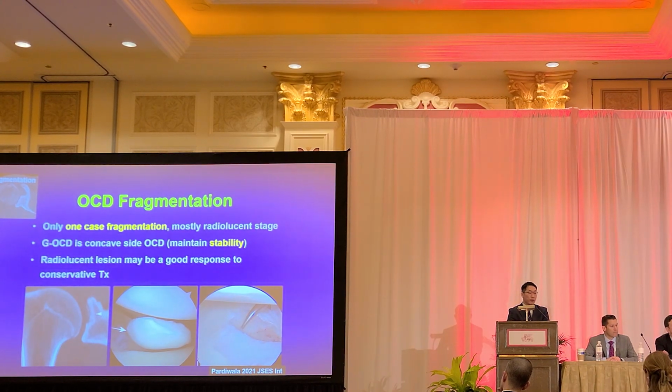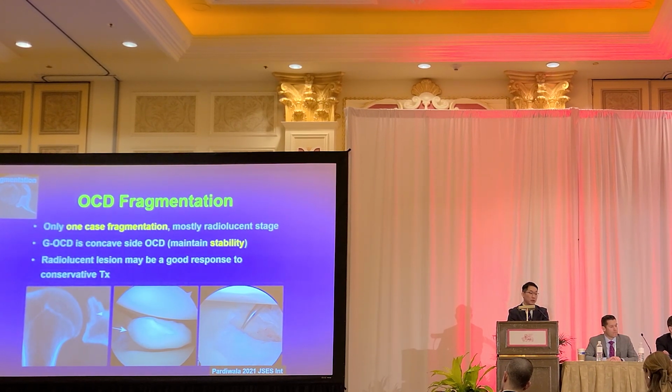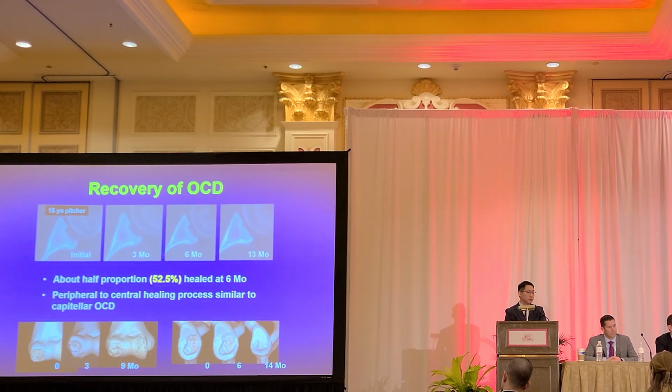There was only one fragmentation case, and maybe the lesion stability was well maintained because the glenoid OCD is a concave side OCD, so even a fragmented lesion can be treated with conservative treatment. We found that the lesion recovered 50% at 6 months, and the healing proceeds from the peripheral to central direction, similar to the capitular OCD.